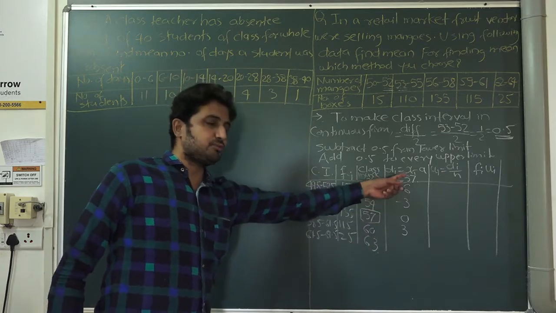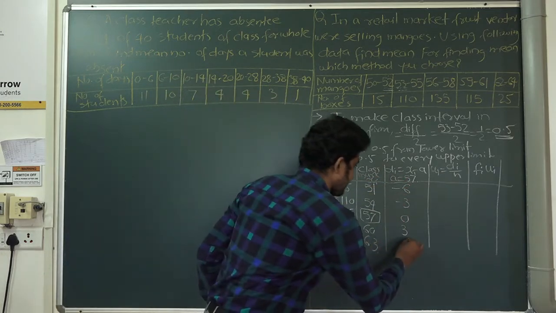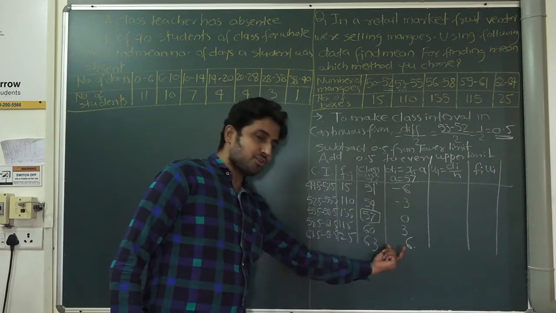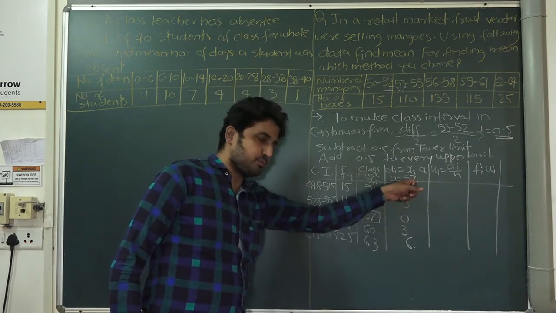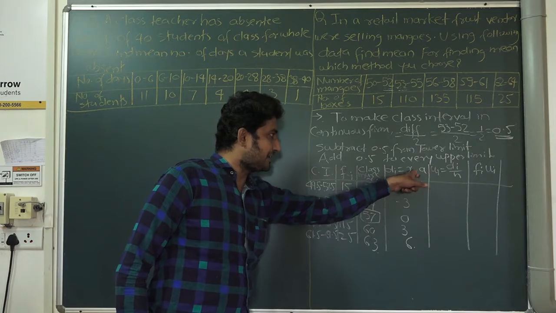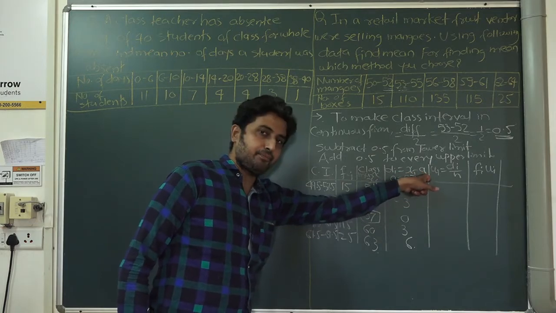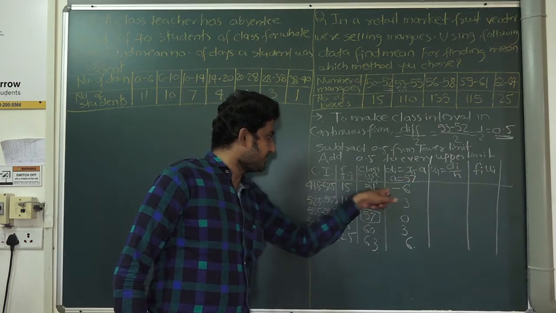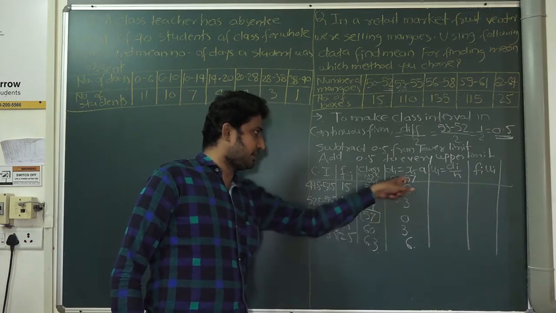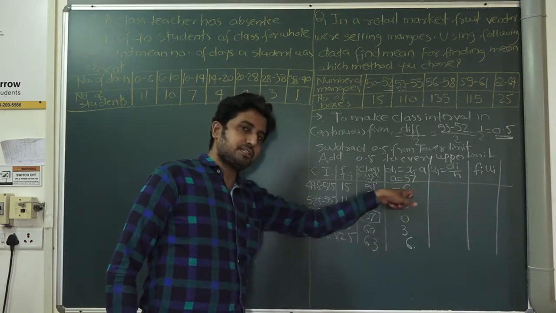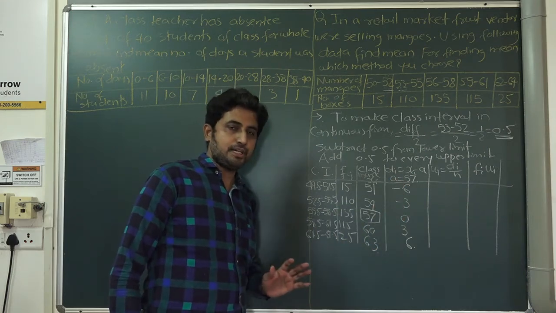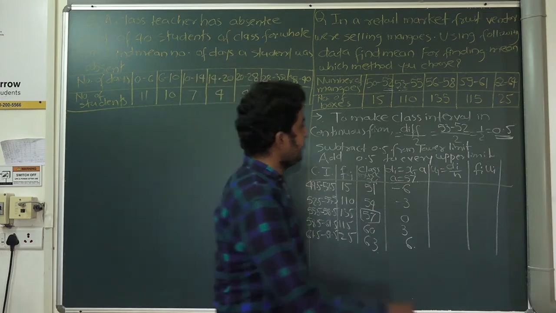And 63 minus 57 becomes 6. So this is called the deviation. Here we are assuming 57 as A, and xi minus A. A is constant here. What is changing? The values of xi are changing: 51 minus 57, 54 minus 57, 57 minus 57, 60 minus 57 and 63 minus 57. Got it?